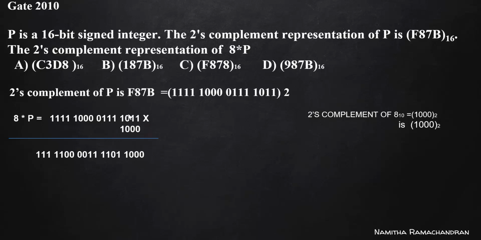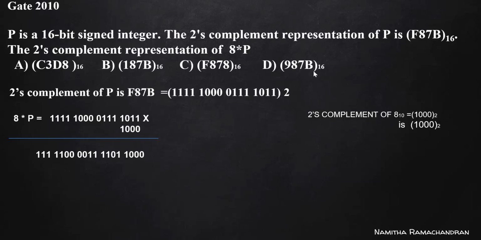Only MSB bit is 1, all others are 0. So while multiplying this, write these bits as it is here, append 3 0 to the right hand. So this is the result of our 8 into P in 2's complement form.